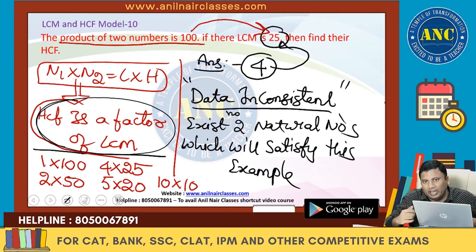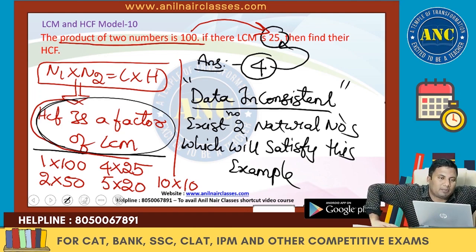Why? Because the HCF is a factor of the number and the number is a factor of the LCM. So the HCF is a factor of the LCM. I hope it is clear. Please put a star mark on this question. Extremely important, which was our yesterday's last question.